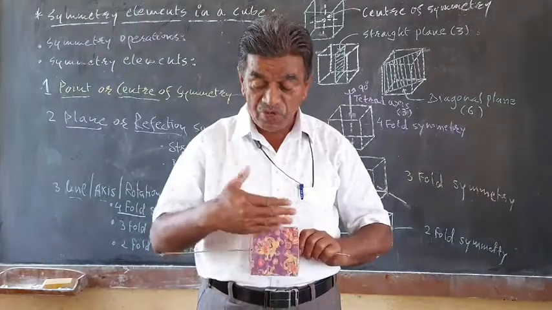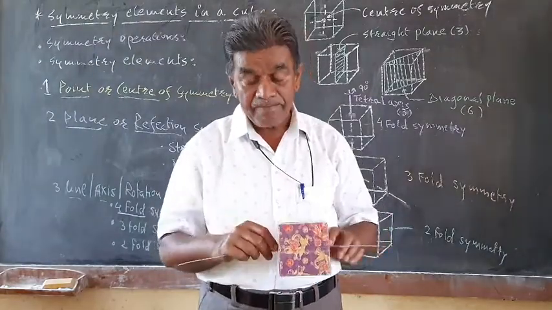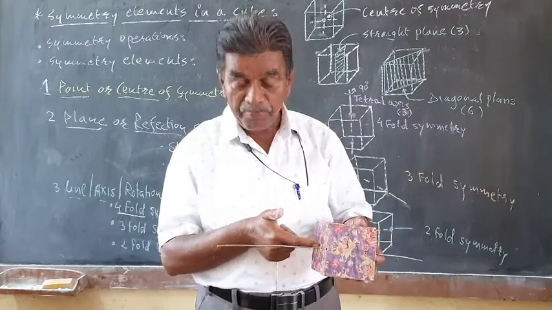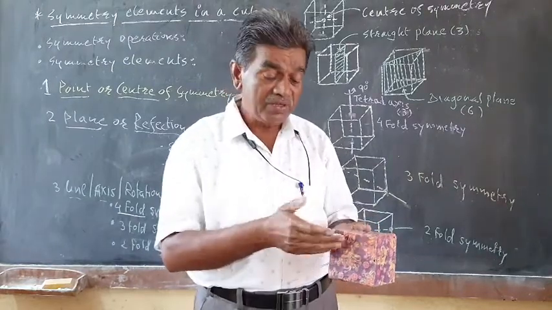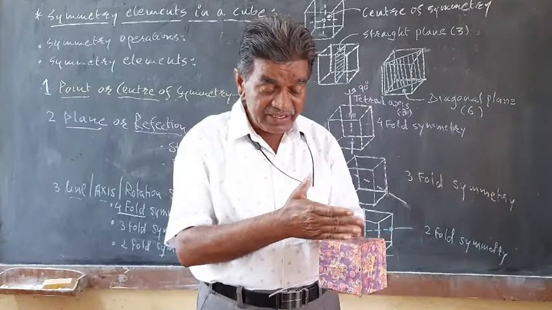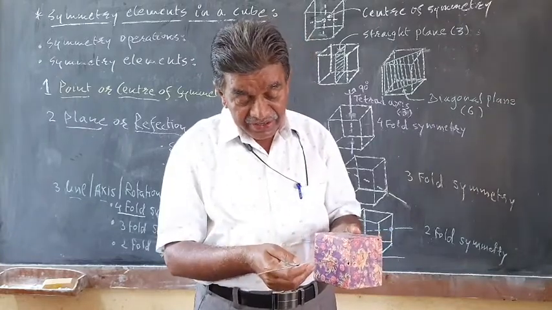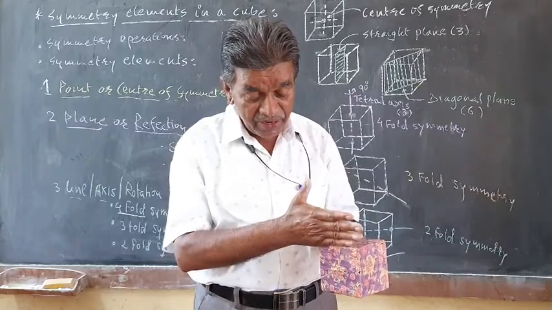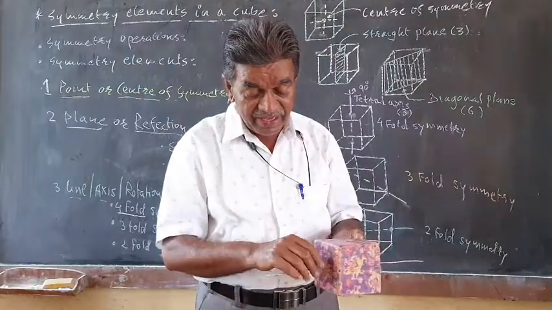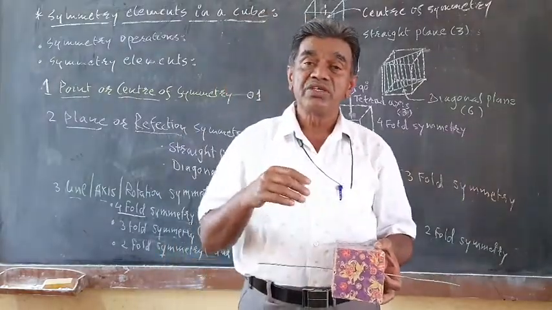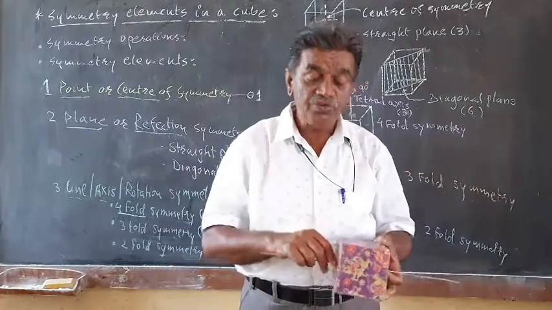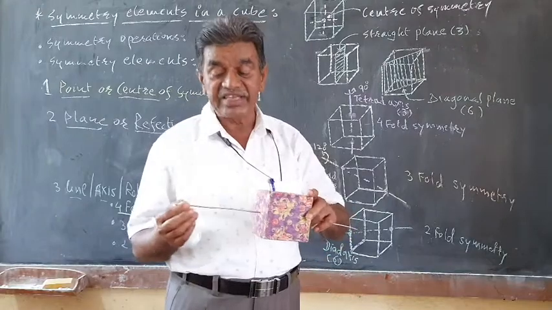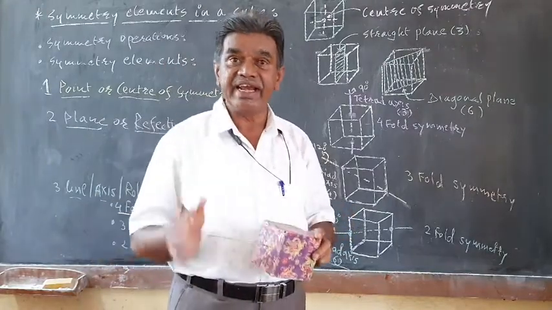So 4 times you get the same appearance when the crystal is rotated about the line passing through the midpoints of the opposite faces. The crystal shows the same appearance 4 times in one rotation. Then it is called fourfold symmetry, and this axis is known as the tetrad axis.